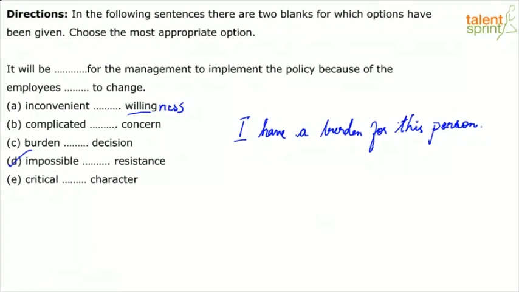Are you following? I don't know who asked that question. Why is it not burden? It will be burdensome for this person to take on this responsibility. Let me just put that down.